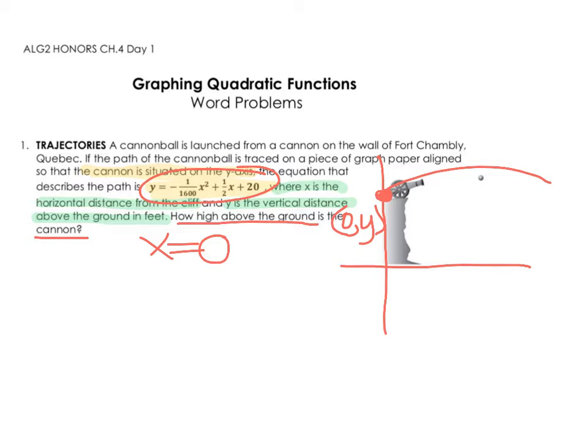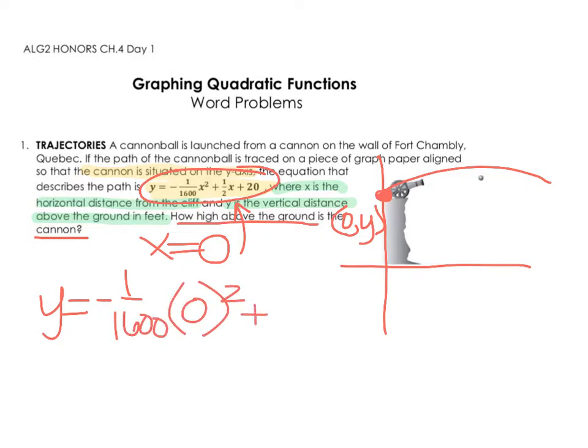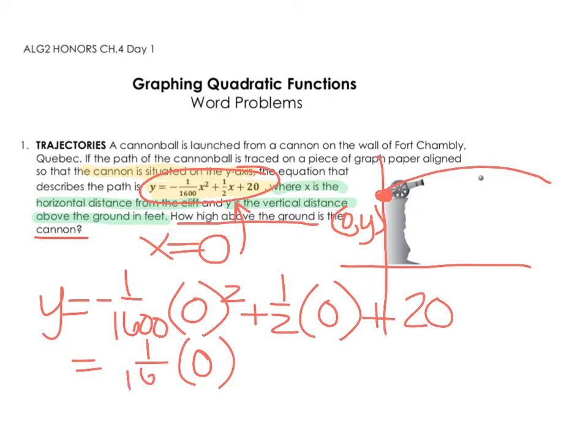So we plug 0 in for x into the quadratic equation we're given. So y, what we're looking for, equals negative 1 over 1600 times 0 squared plus 1/2 times 0 plus 20. Now 0 squared is going to give us 0, and anything times 0 is just 0.